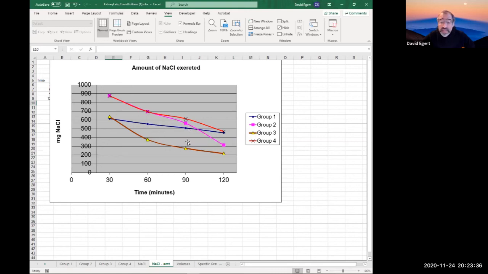Looking at the actual grams of salt leaving the body, group 1 is holding on to it, not losing that much salt, whereas group 2 is losing more salt. And consistent with Jamba's statement about caffeine inhibiting salt reabsorption, the group that had more caffeine does seem to be losing more salt than the group that just had pure water. So that's kind of interesting as well.